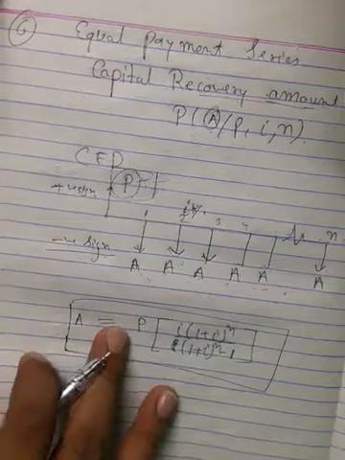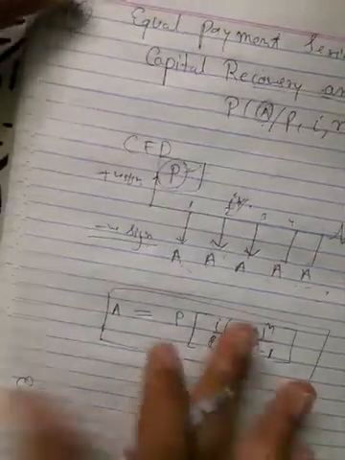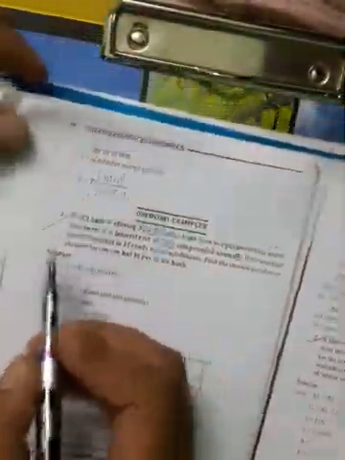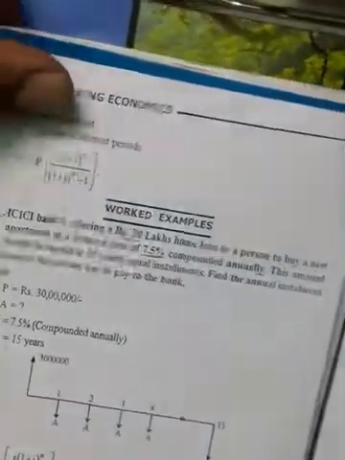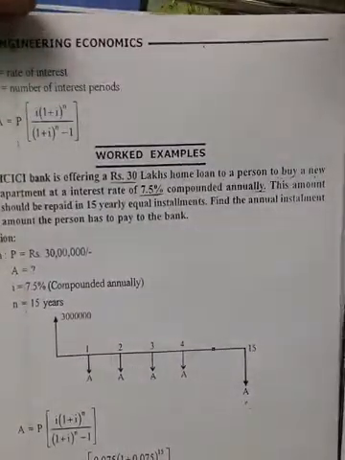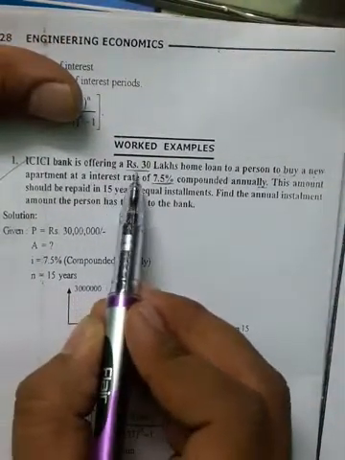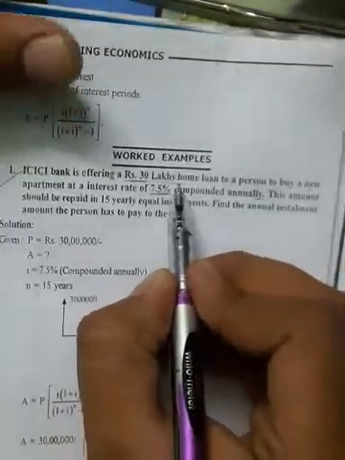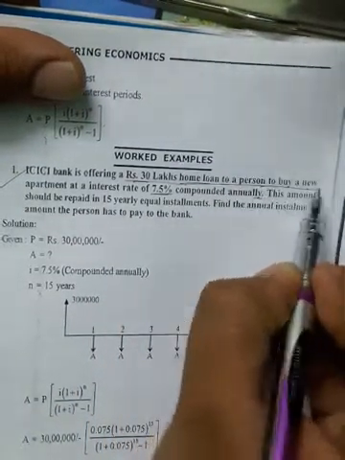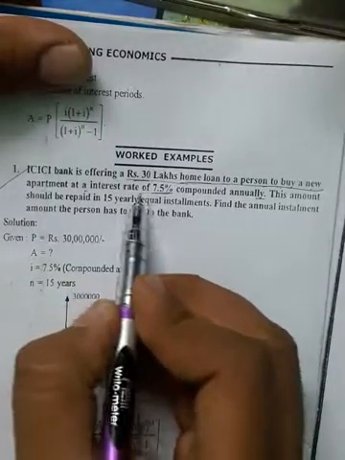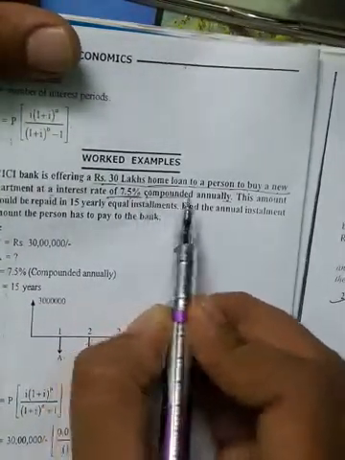So let's solve another problem on this. Here, ICICI Bank is offering rupees 30 lakh in the form of a home loan to a person to buy a new apartment at an interest rate of 7.5% compounded annually.